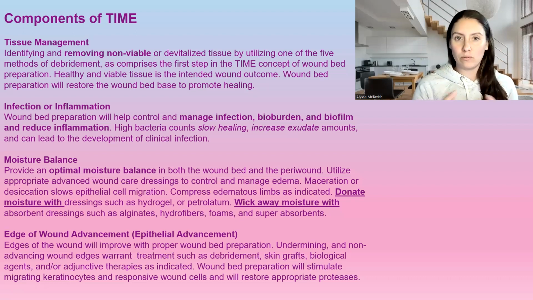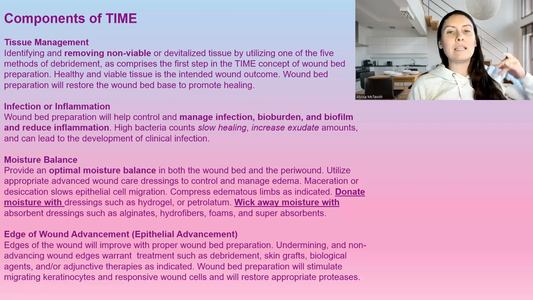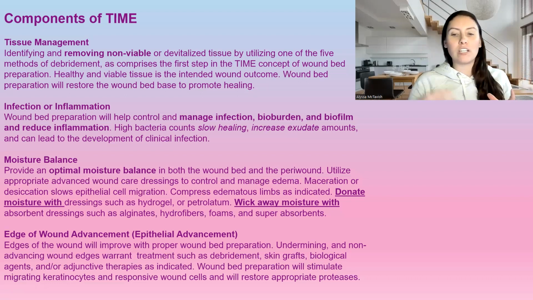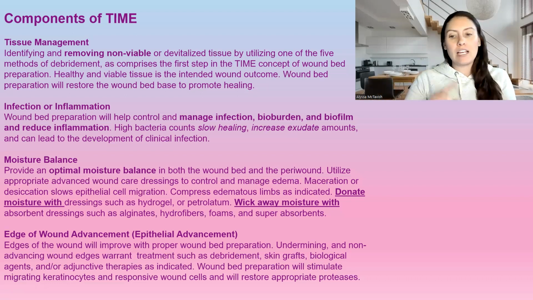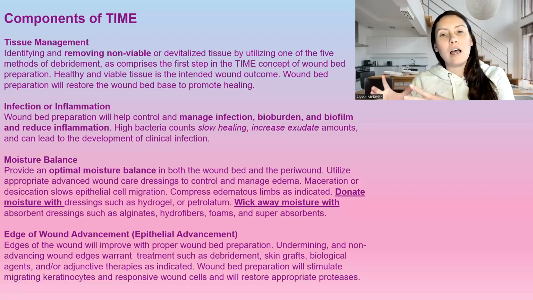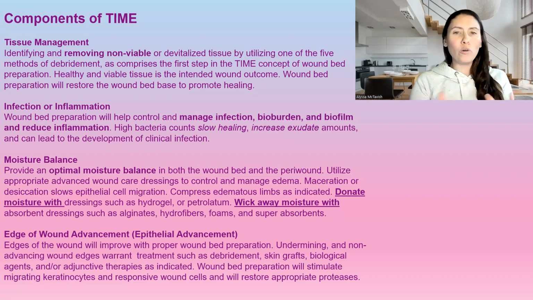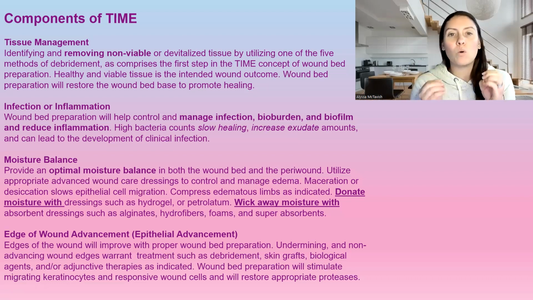That's the moisture that we want. So do we need something that donates moisture, such as a hydrogel or petroleum? Do we need something that's going to wick away moisture? Okay, so a more absorbent dressing, our alginates, our hydrofibers, our foams, our absorbent dressings. What do we need to create that just moist wound?